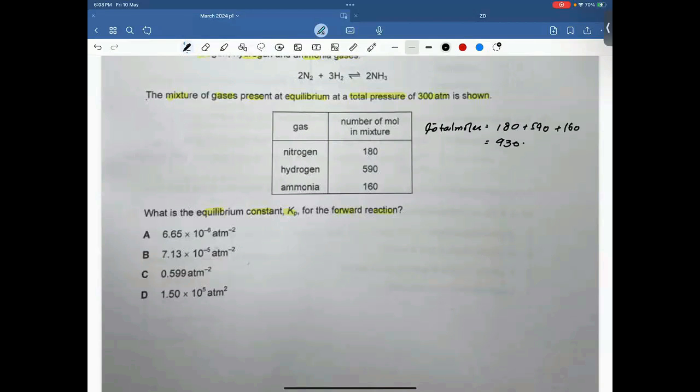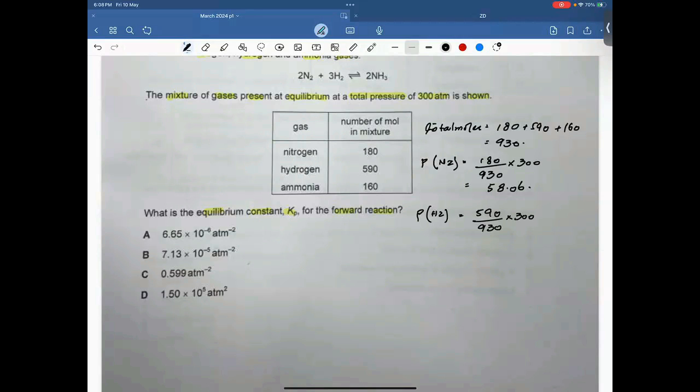Now let's find the partial pressure of nitrogen. Moles of nitrogen is 180, total moles is 930, into pressure. Total pressure is given as 300. So the partial pressure of nitrogen is going to be 58.06. All right. Similarly, we need to find the partial pressure of hydrogen. Moles of hydrogen is 590, total moles is 930, into pressure, which is 300.